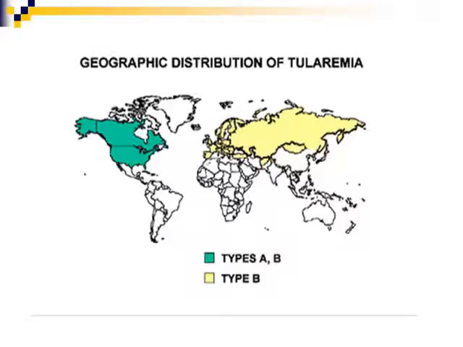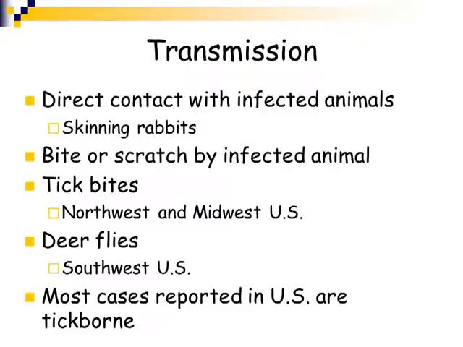So here's the geographic distribution. In the United States, we more commonly have type A and type B. Now again, we said direct contact with infected animals is the most common route of transmission. Hunters, people that might be skinning infected rabbits, would be at high risk.